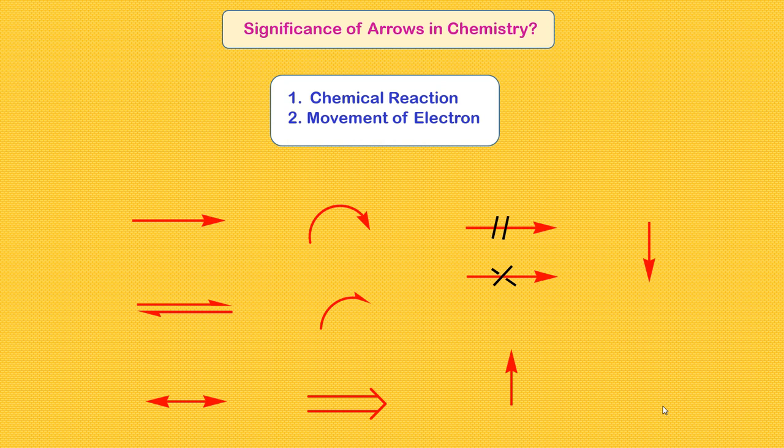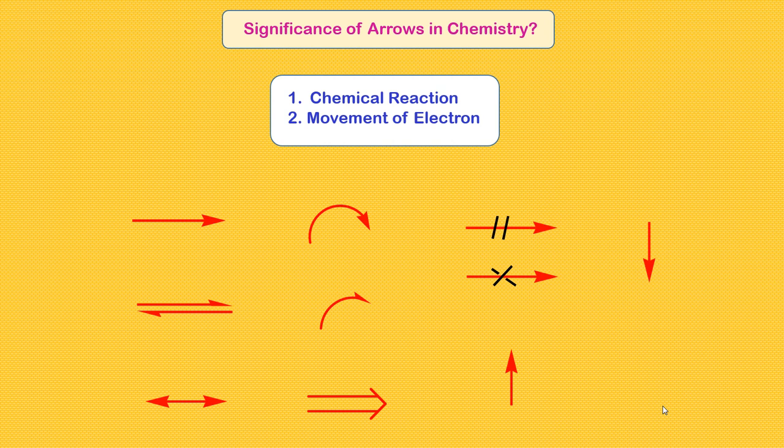The arrows that you are seeing on the screen are used for specific purposes, and this representation is really helpful to understand and write things in a very specific manner. So the objective of this video is to understand all the things about these arrows in chemical reactions in detail.